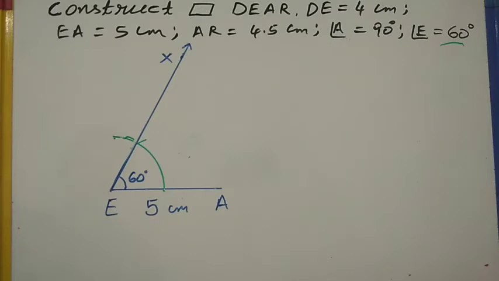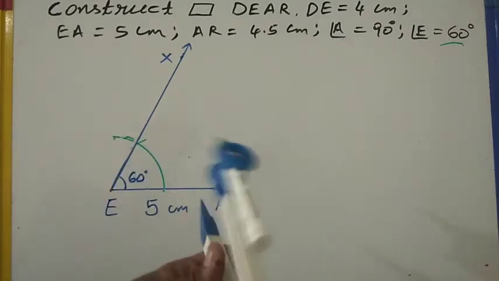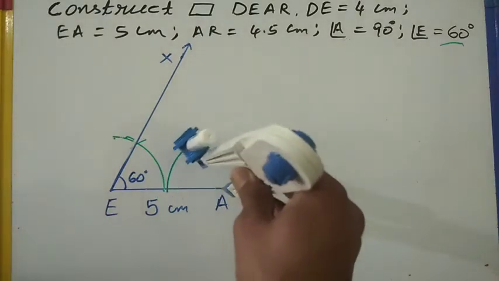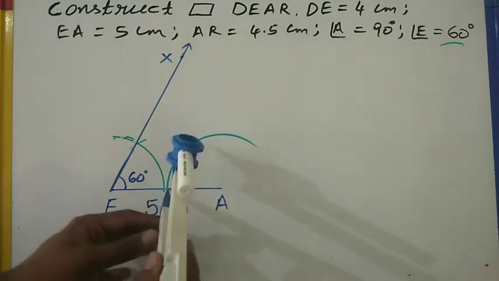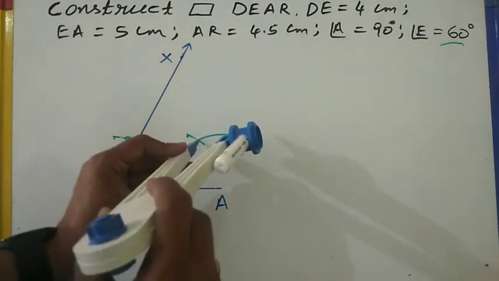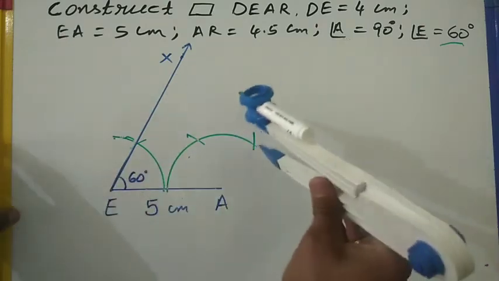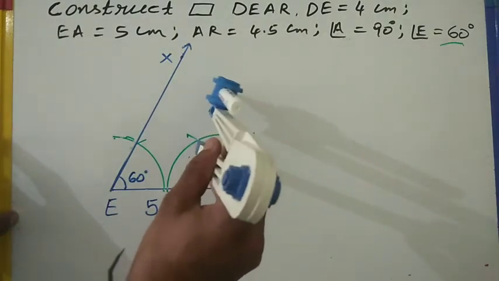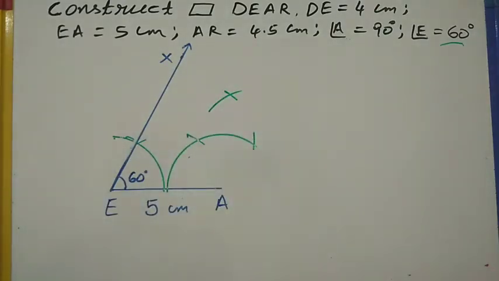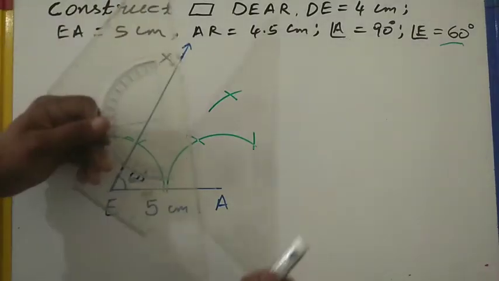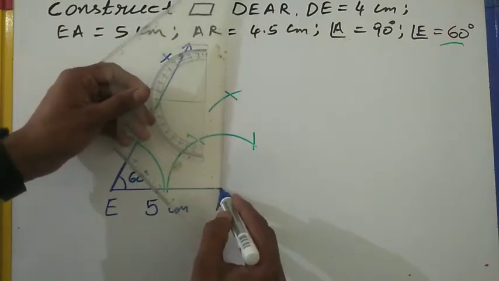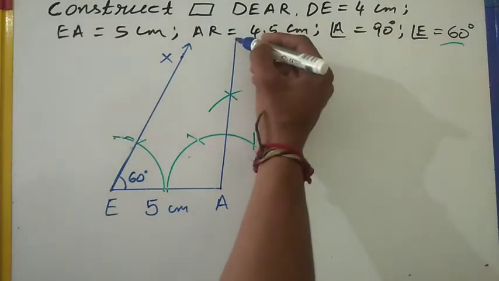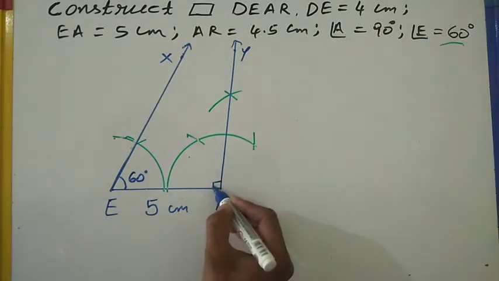Then similarly, I will use a pair of compasses to construct a ray of 90 degrees at A. Now, let us draw ray AY making an angle of 90 degrees.